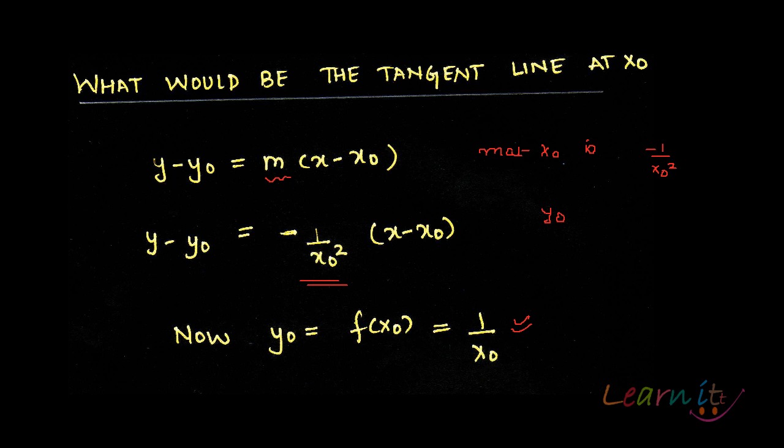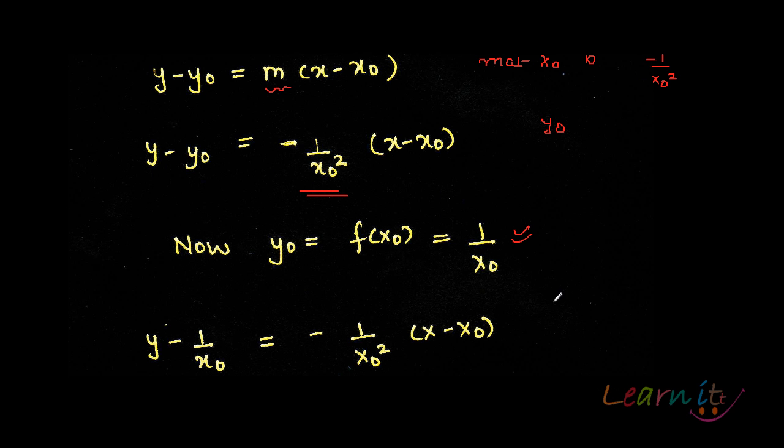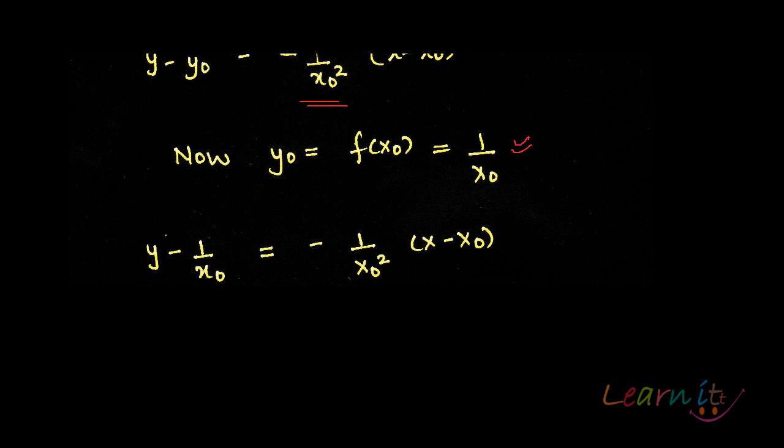So I get the equation of the tangent as y minus 1 upon x naught equals minus 1 upon x naught squared into x minus x naught. Or I can put it as y equals 1 upon x naught minus 1 upon x naught squared into x minus x naught. And that's the equation of the tangent at point x naught.